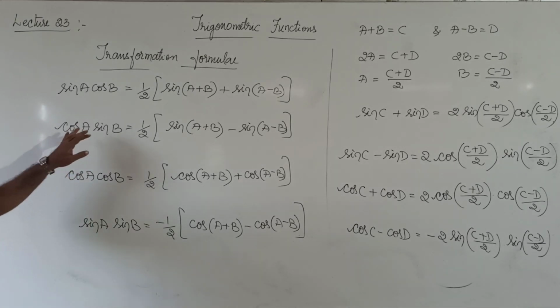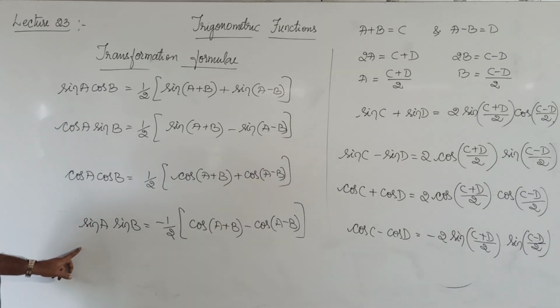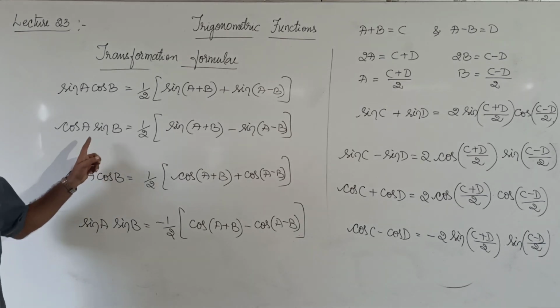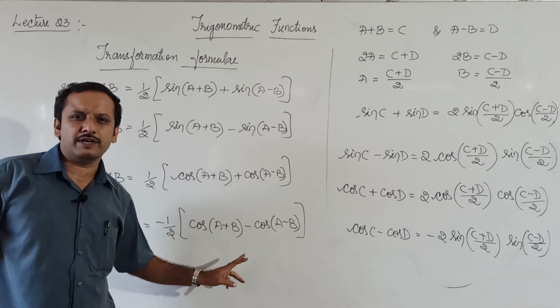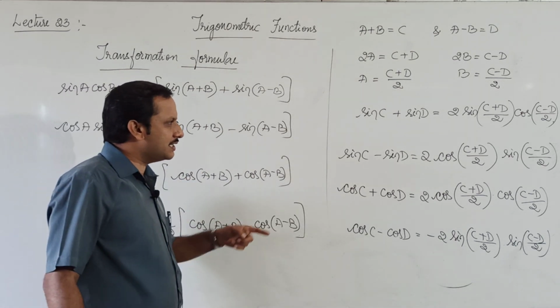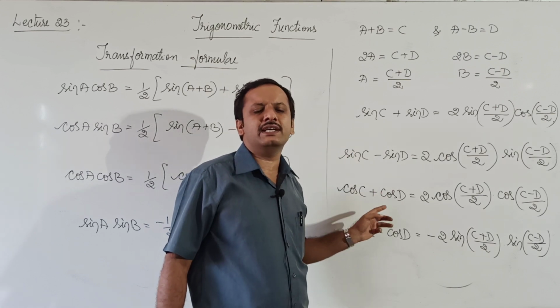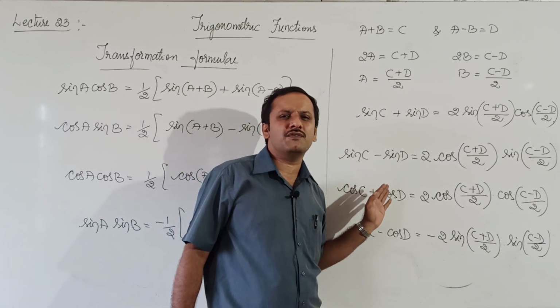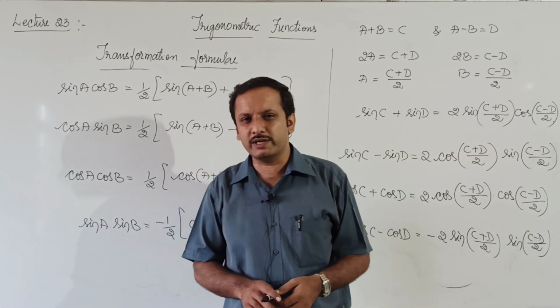Okay, so see here, with the help of these four formulae, we can convert the product of two trigonometric functions into the sum or the difference of two trigonometric functions. Whereas here, with the help of these four formulae, we can convert the sum or the difference of two trigonometric functions into the product of two trigonometric functions.